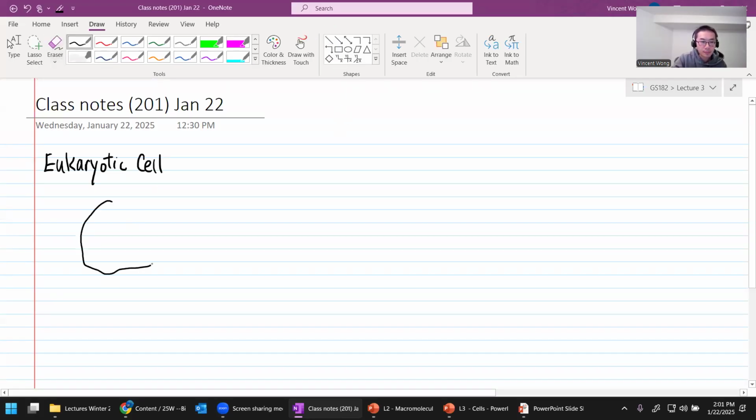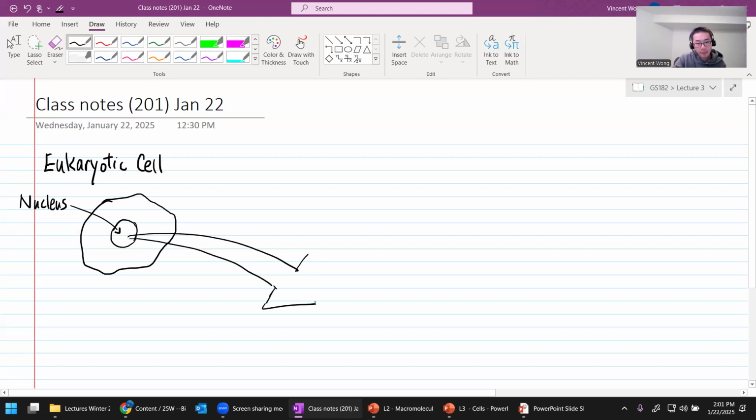So here is the cell membrane, and then here we have the nucleus. And what we're gonna do is we're gonna take the nucleus out, okay, and then we're gonna be enlarging it and try to put more details into this thing. Okay, so here we go.